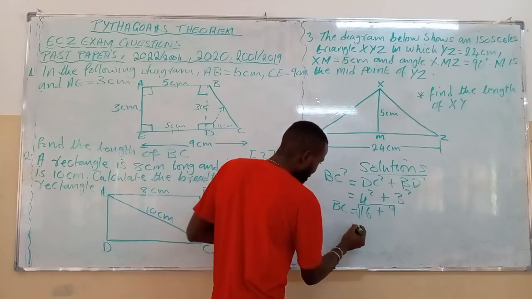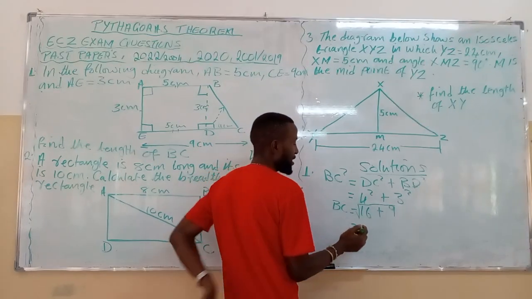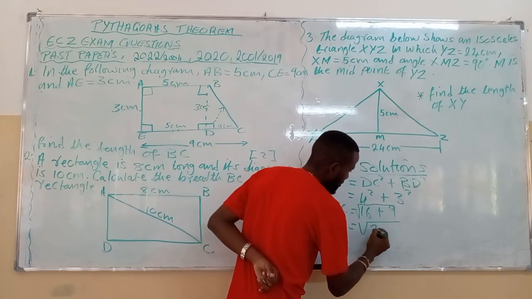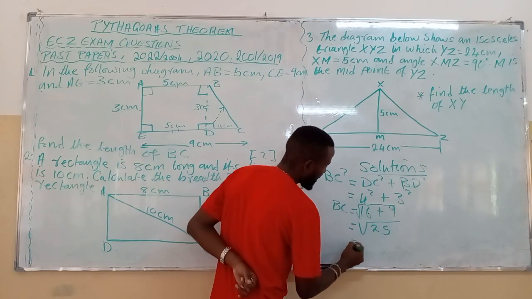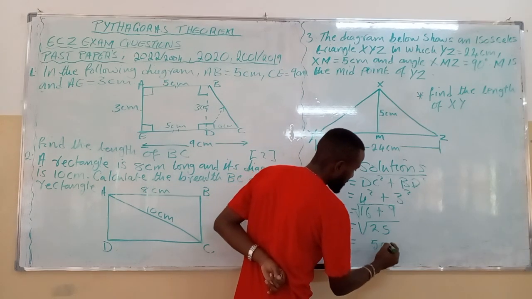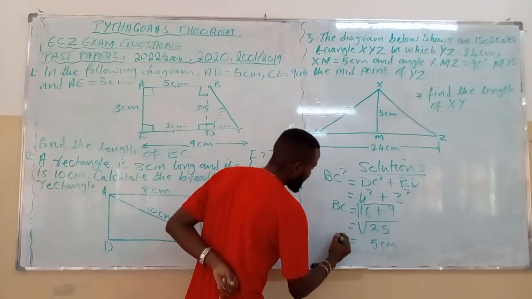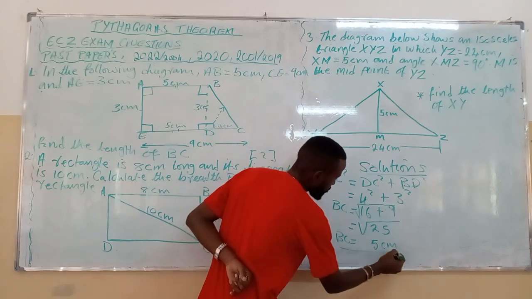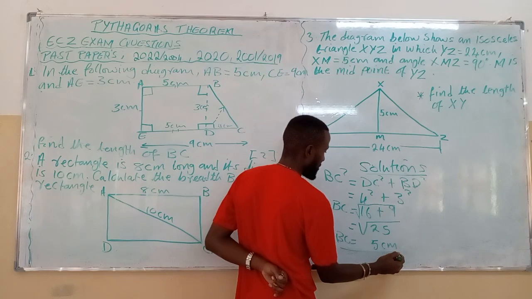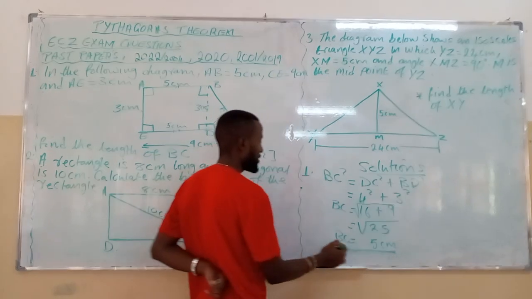Now work it out. 16 plus 9 is 25. Therefore, what is my answer? Square root of 25 is 5 centimeters. Hence, my BC is equal to 5 centimeters.